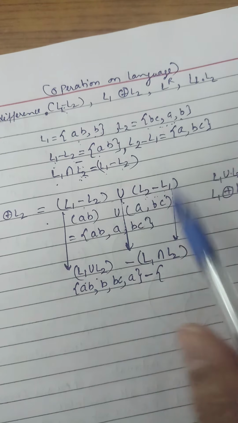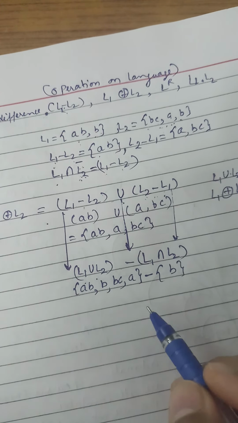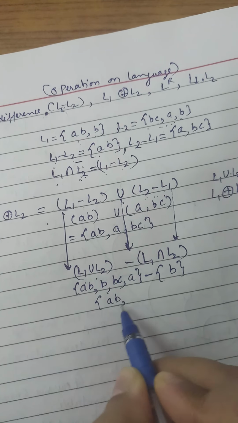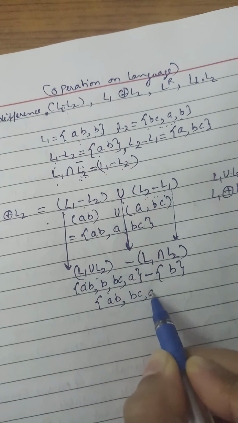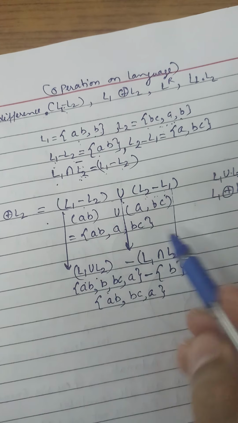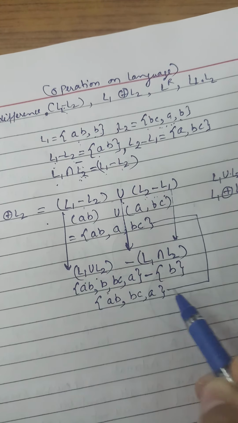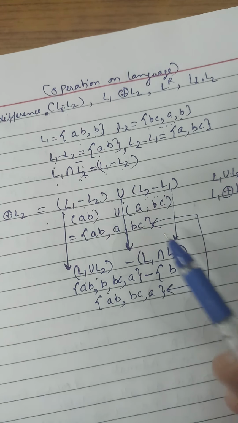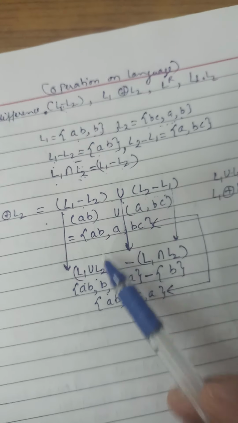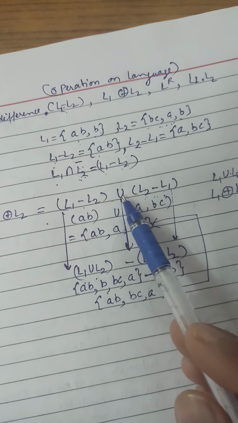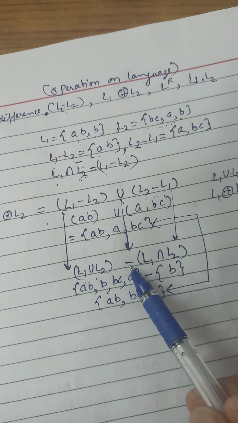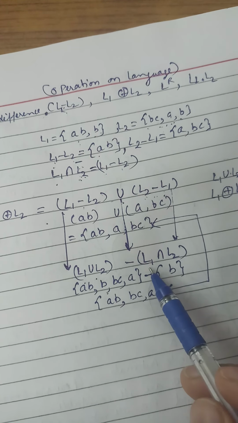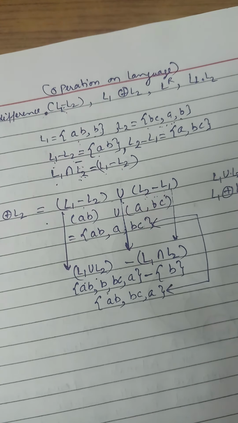B is common in both, so we write B here. If we remove B from this set, we get AB, BC, A, which is the same. Both are the same. So we can write L1 XOR L2 as L1 union L2 minus L1 intersection L2.